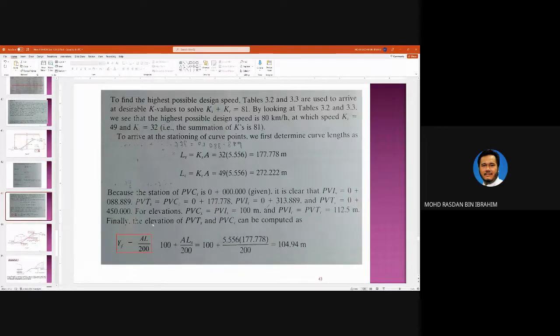Finally, the elevation of PVT and PVC can be computed using this YF offset formula. So 100 is the value that you are given plus the offset value, so the elevation of PVC and PVT is 104.94.